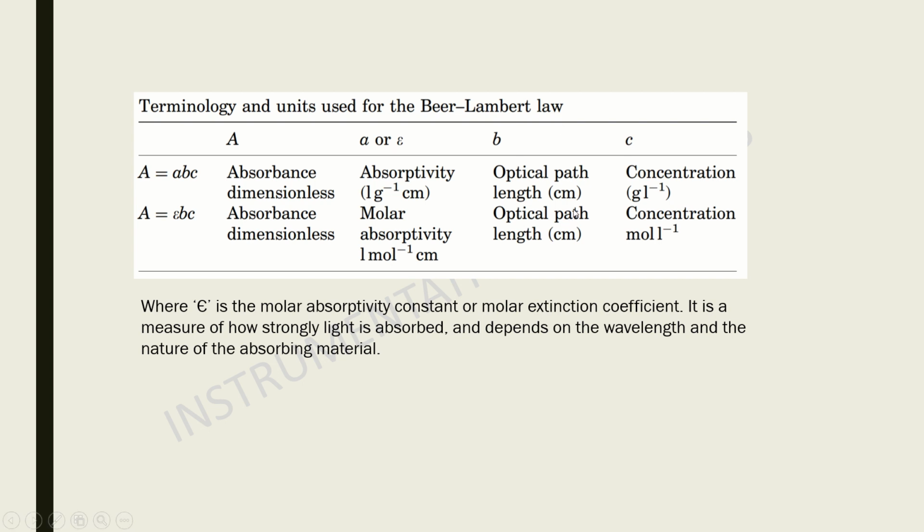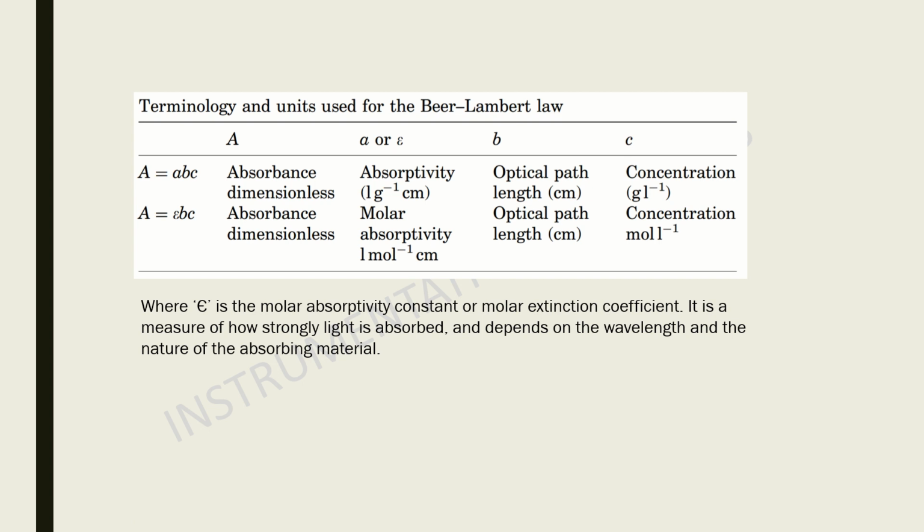It is given in centimeter, but the unit of concentration varies. In absorptivity, the concentration will be gram per liter, whereas in molar absorptivity, the concentration will be moles per liter, where epsilon is the molar absorptivity constant or molar extinction coefficient.